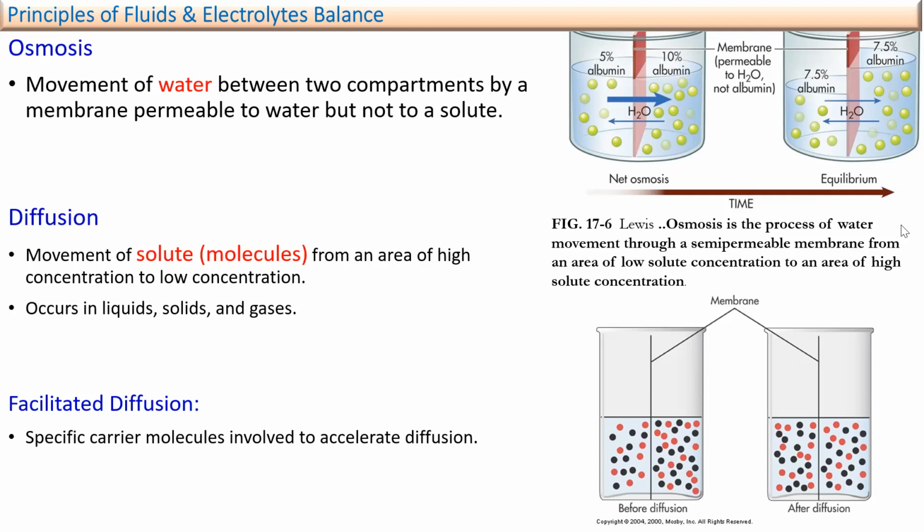The membrane separating the two areas must be permeable to the substance for diffusion to occur. So for these molecules to move across that membrane, the membrane has to be permeable to these substances or molecules. Otherwise, these molecules will be trapped in that compartment, unable to move to the other side.